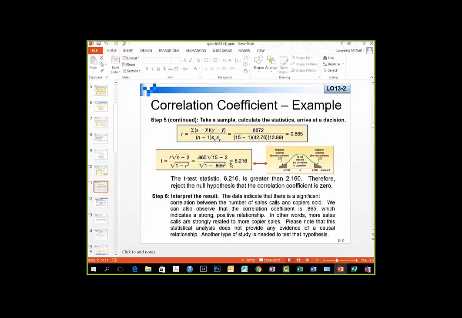Before you go any further, the one on top, that 0.865, when you're doing that by hand, are you square rooting that 15 minus 2, or are you just multiplying that? You're square rooting the 15 minus 2. And also the bottom? Yes. That's an effort to be consistent. So the 15 minus 2, 13, you're going to put that as a square root before you multiply it times 0.865.